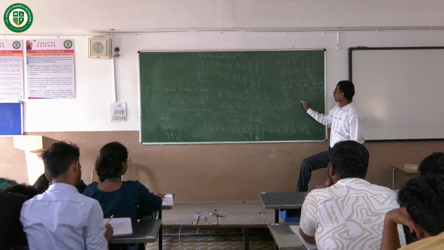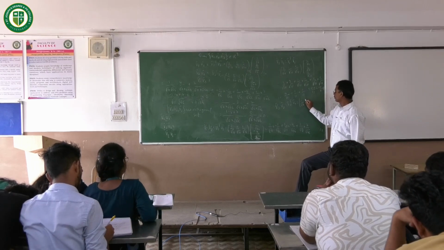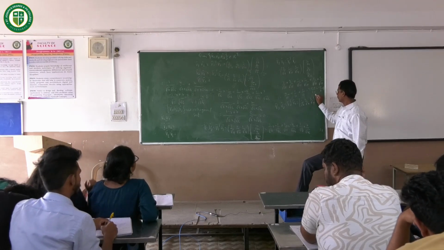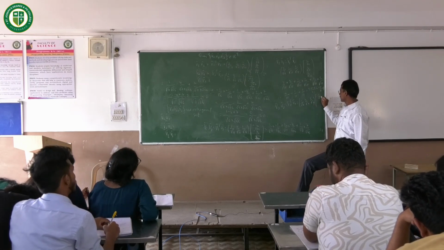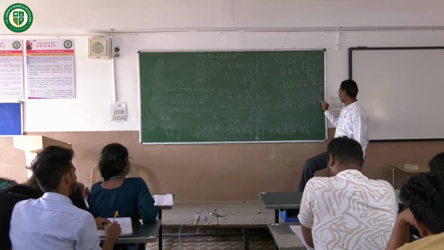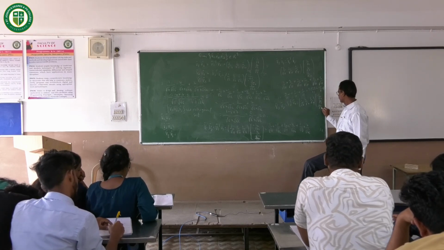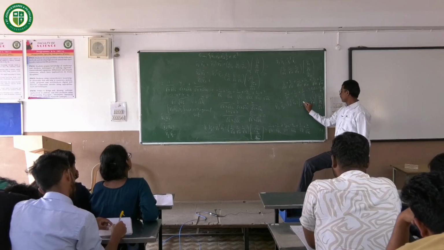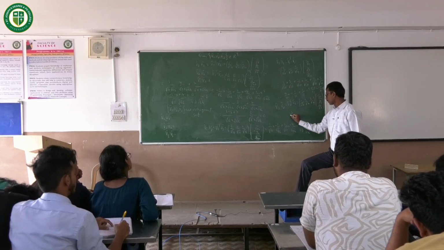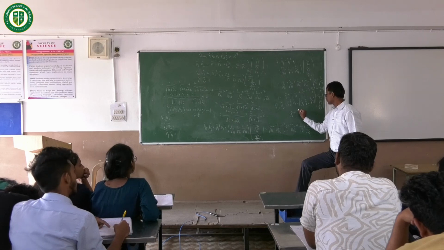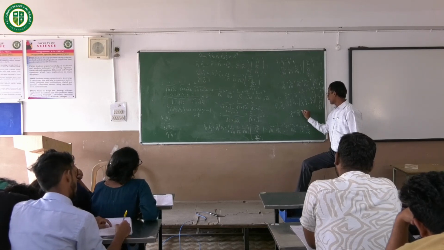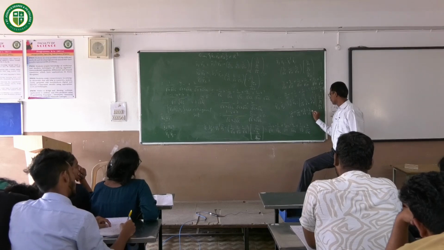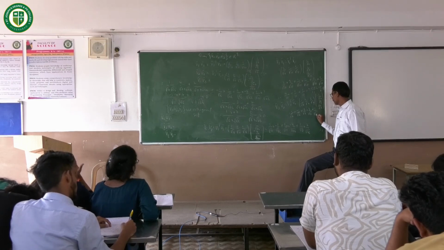Minus 1 by root 6, 2 by root 6, 1 by root 6 into again minus 1 by root 6, 2 by root 6 and 1 by root 6. So now you just take the product: minus 1 by root 6 into minus 1 by root 6 plus 2 by root 6 into 2 by root 6 plus 1 by root 6 into 1 by root 6.